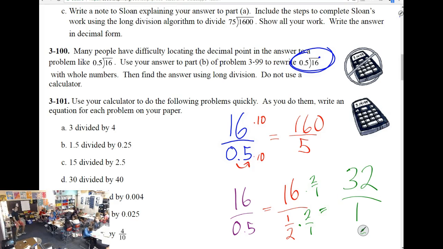Oh, wait, there's my answer. So, multiplication by the reciprocal can zip us right to the answer. Can you please make sure we have a couple versions of this written down on our papers? I'll give you a minute. Because on your homework, you're going to need to utilize these skills.